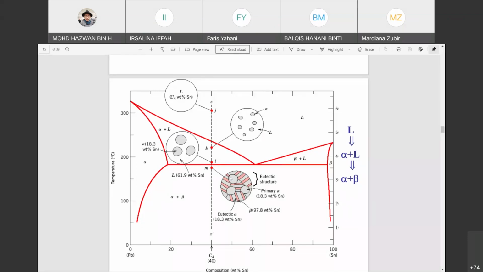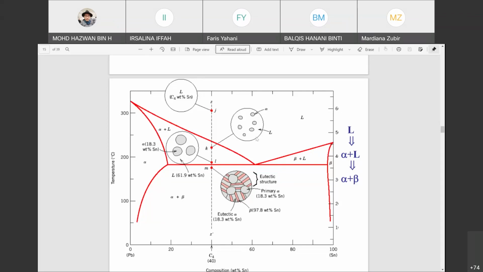But now at point M, the microstructure will be a lamellar structure, and the formation of bigger alpha grains that we call primary alpha. You have a lamellar structure as a background, and you have the formation of primary alpha grains, quite big.